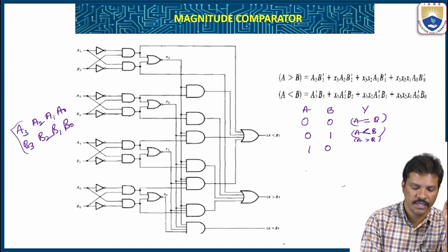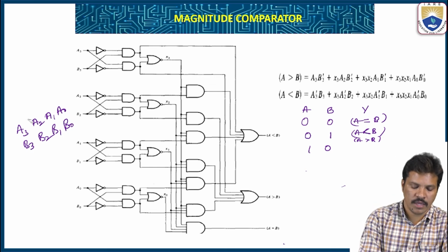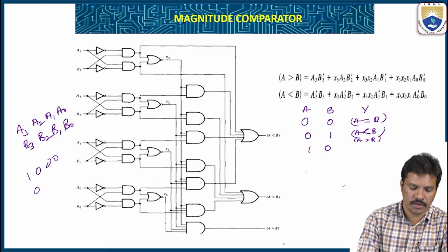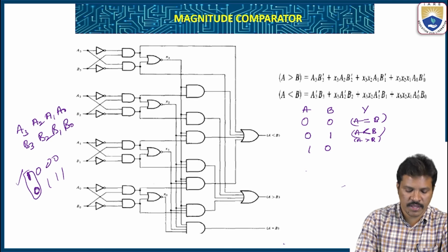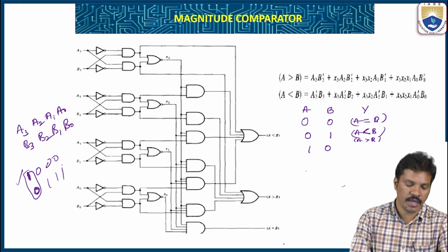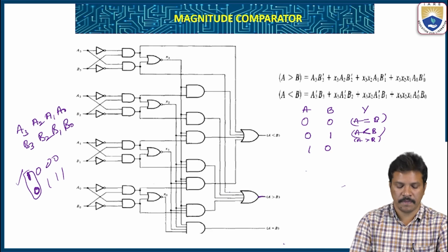If the bits are unequal, for example A3 is 1 and B3 is 0, the MSB bit having more weightage, this is logic 1, so automatically the first number is greater, A greater than B. So if the A3 bit is 1 compared with B3 being 0, the number A is greater than B, and the corresponding pin for A greater than B is logic high.